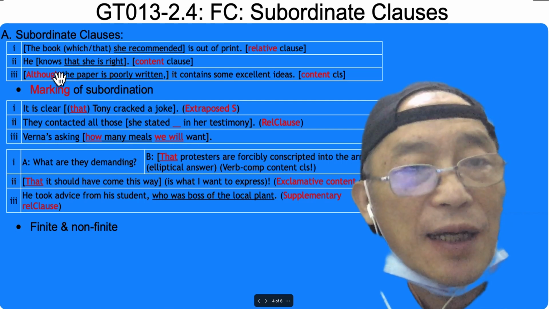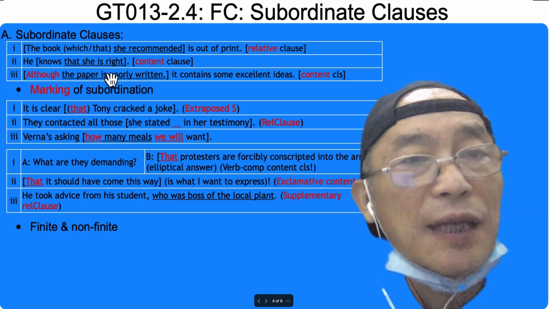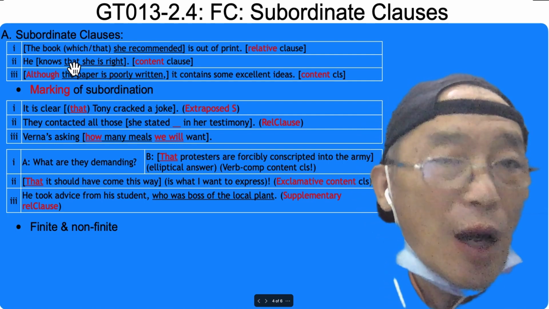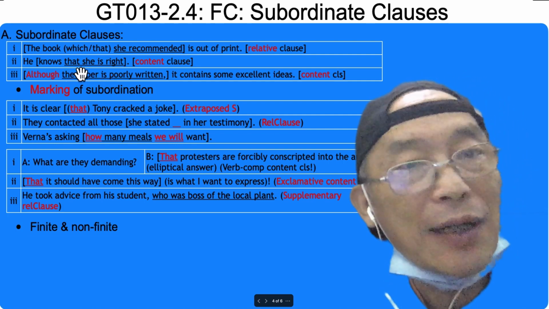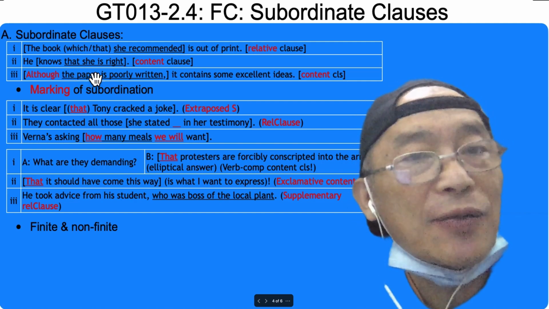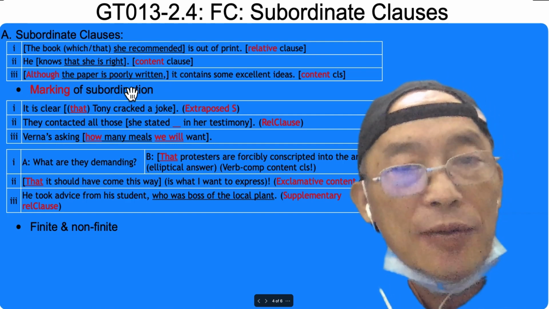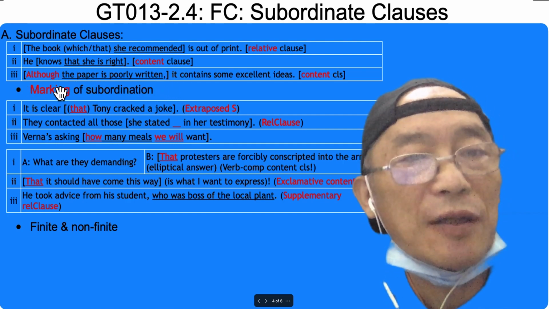Knows. Yeah, the verb know can take a content clause. It can even take open interrogative, closed interrogative, and even exclamative content clause. And this one is a declarative content clause. Although, okay, declarative content clause.